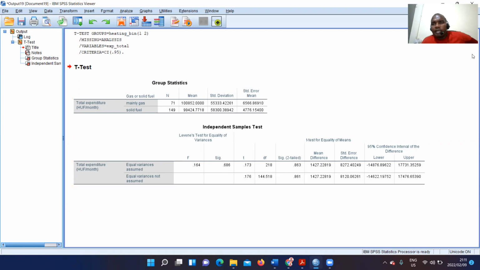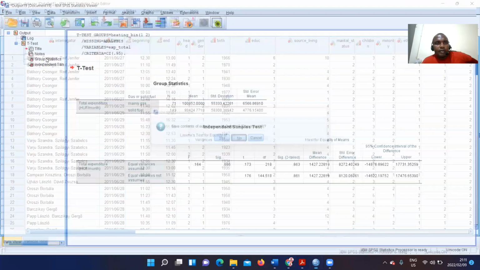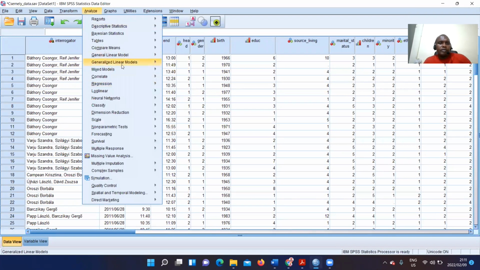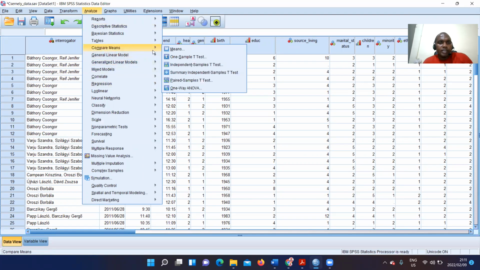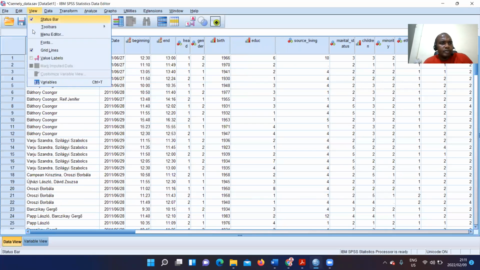And then the other thing that we may do in this hypothesis testing, we may want to know whether expenditure is really sensitive to the gender of people.